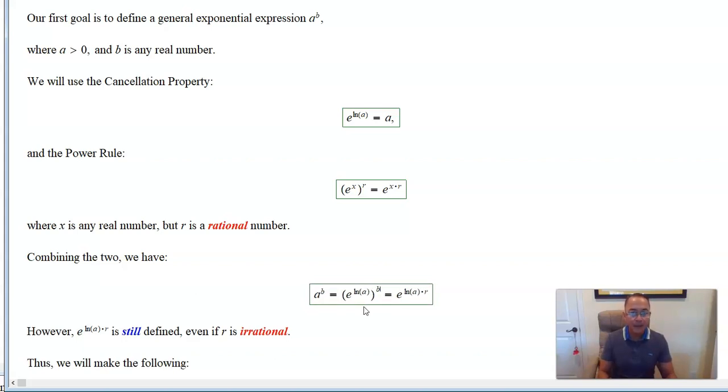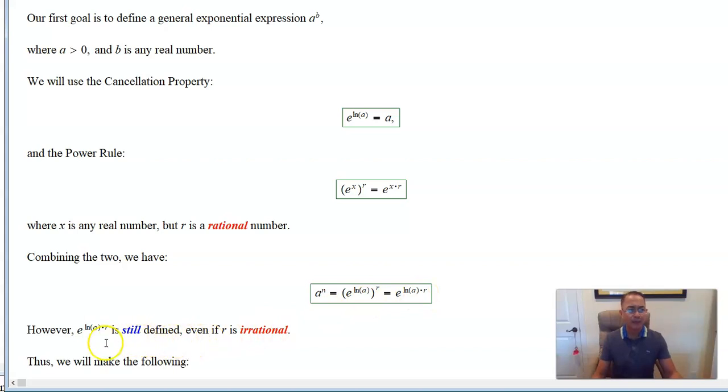No, I'm sorry, it is r, because at this point we only have r as a rational number. So if r is a rational number, then a to the r is e to the ln of a, to the rth power, and that is simplifiable to e to the ln of a times r.